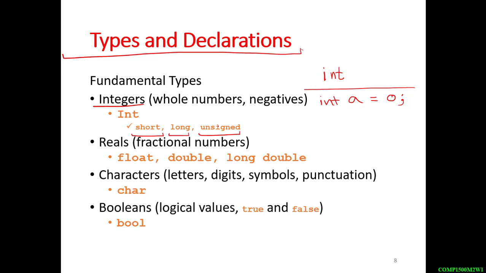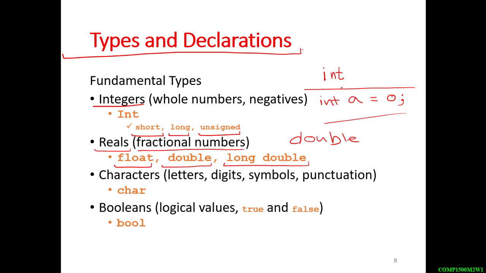Then we have the reals, which are the fraction numbers. We can either declare them as a float or a double or a long double. Throughout the semester you are going to find that we are using basically double. We declare our variables as double when they are reals, integer when they are an integer.